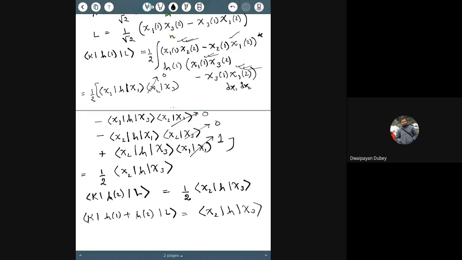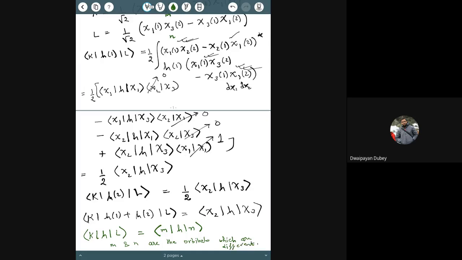So then I can just write the general rule now, which is equal to MHN, where M and N are the orbitals which are different.